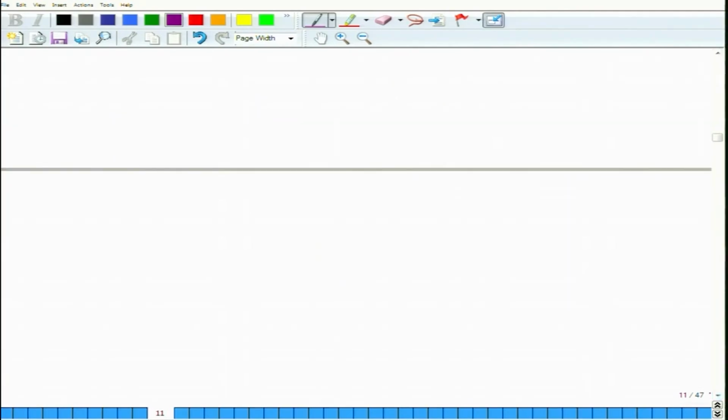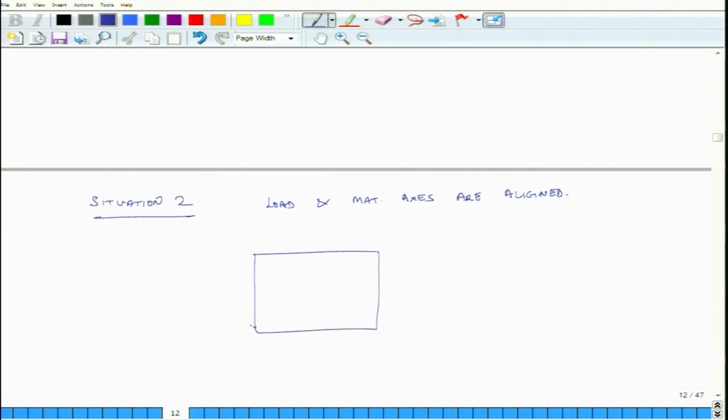And then we have situation 2, where load and material axis are aligned. So how does it look? You have the material, let us say this is sigma x, and the fibers are either in the L direction or in the T direction.